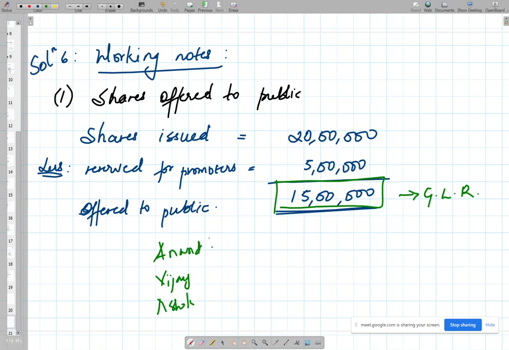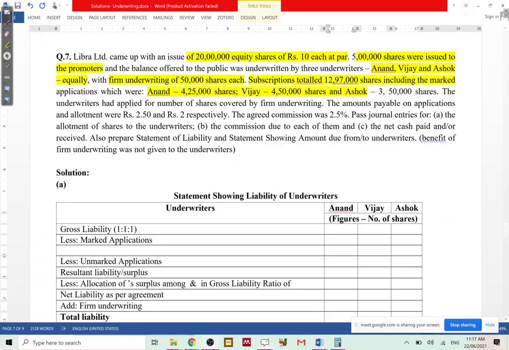So basically each one gets 5 lakh shares. Am I right? Yes. So all are 1/3, 1/3, 1/3. Followed? So each one gets 5 lakh. Gets in the sense each one agrees to take shares 5 lakh. Okay. The number of shares is 5 lakh.